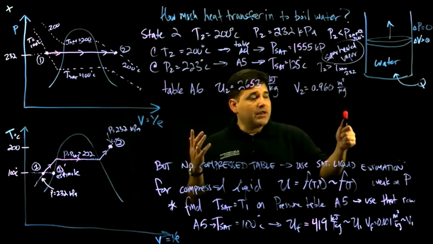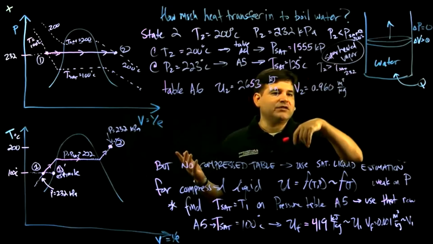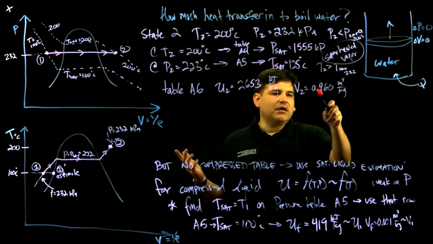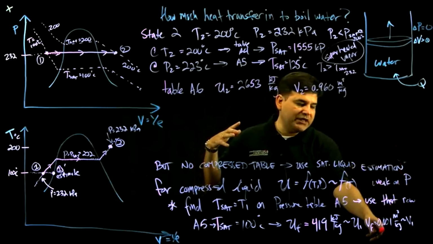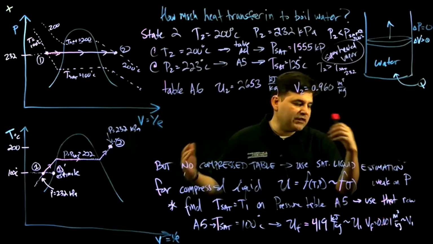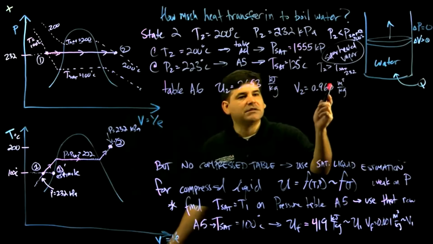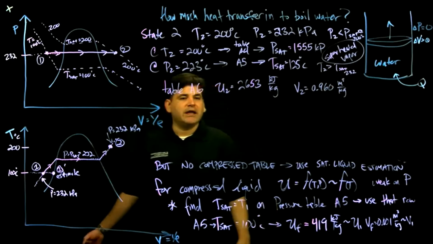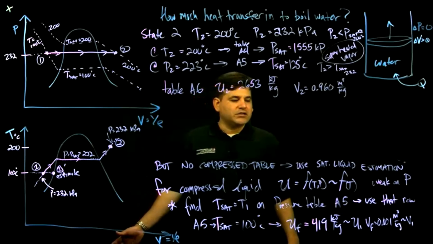And specific volume is the inverse of density. So gas takes up more space per mass, that makes sense. Or if you look at it the other way, liquid has more mass per volume than gas. That is intuitive there.